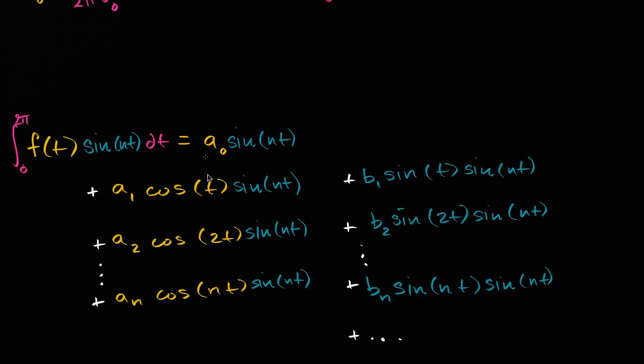And I could say the integral of this whole thing, but we know that the integral of a sum of a bunch of things is also the same thing as the sum of the integrals. And we also know that we can take these constant multipliers of expressions outside of integrals.